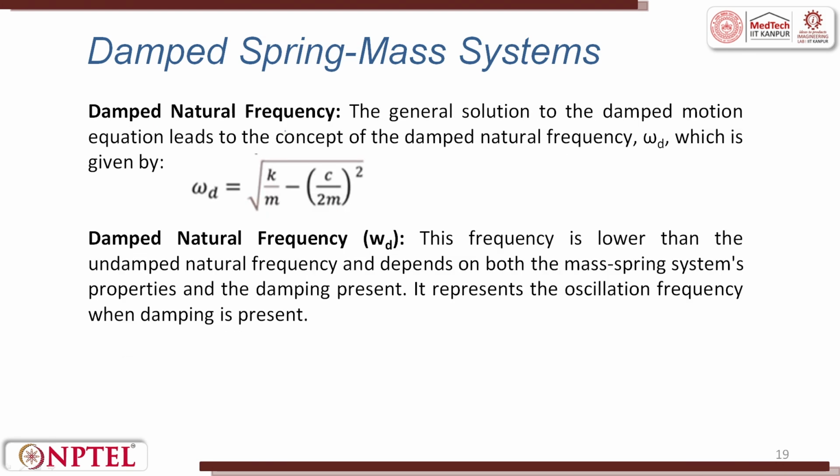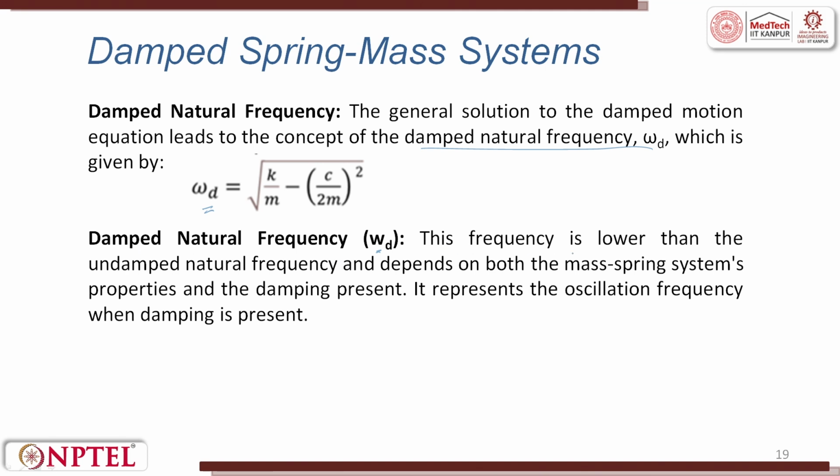The general solution for the damped motion equation leads to the concept of damped natural frequency omega d, which is given as omega d equal to the root of k by m minus the square of c by 2m, where omega d is the damped natural frequency.